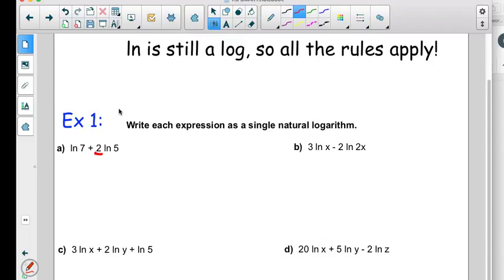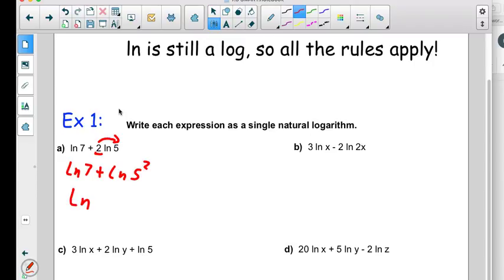Make it exponential. Put it in the exponent. So it's going to be the natural log of 7 plus the natural log of 5 squared. Now, like Michaela said, multiply them because it's a plus in between. Same idea applies. So it's going to be the natural log of 7 times 5 squared.